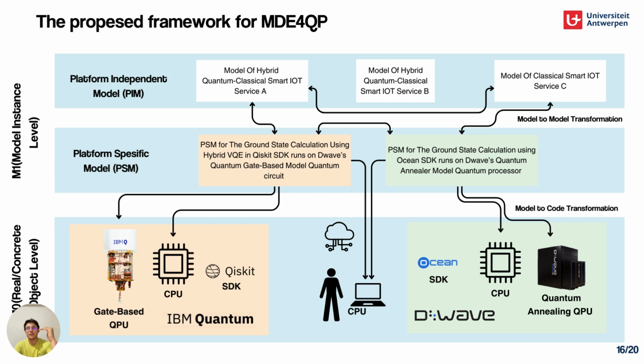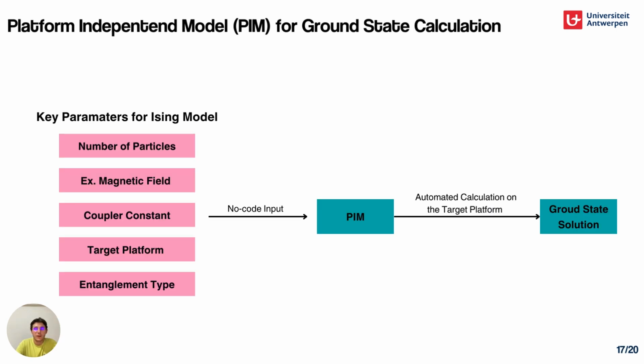And above this, we develop platform-specific models for ground state calculations that connect to those APIs. We created models that run on those. And one level higher, we have a platform-independent model for a ground state solution, which is built on top of the platform-specific models. This structure ensures a comprehensive and adaptable approach to solve the ground state problem.